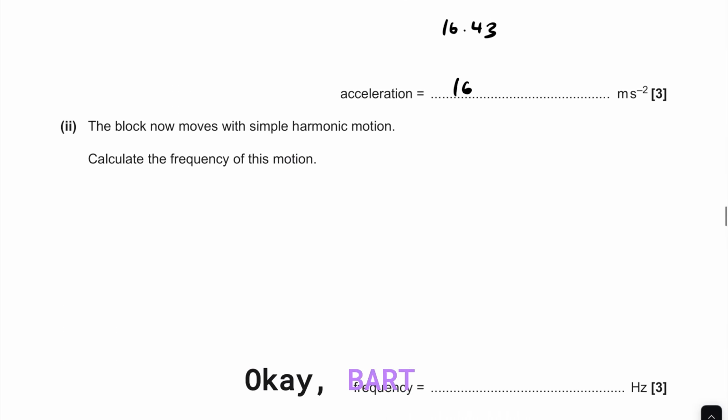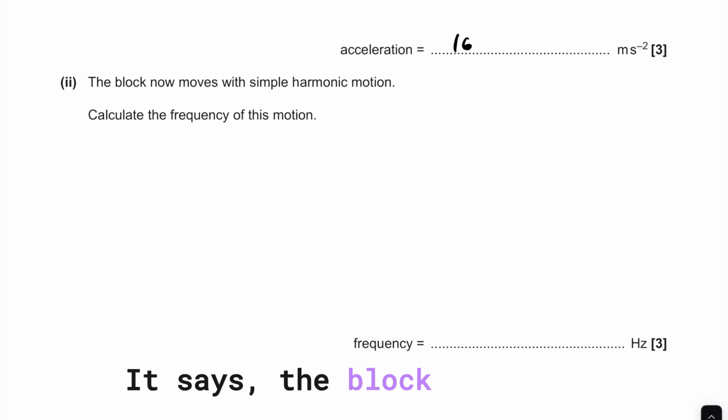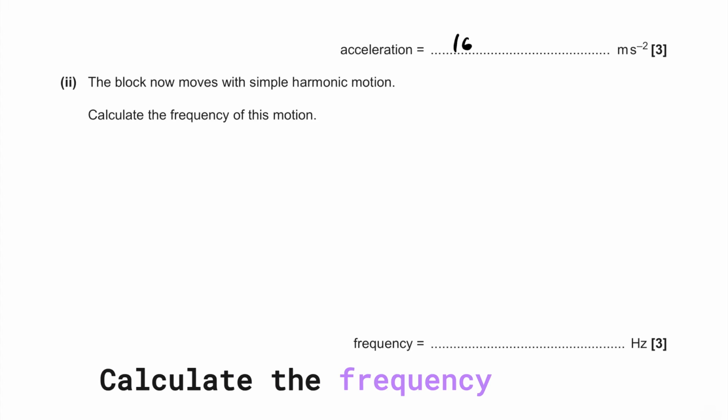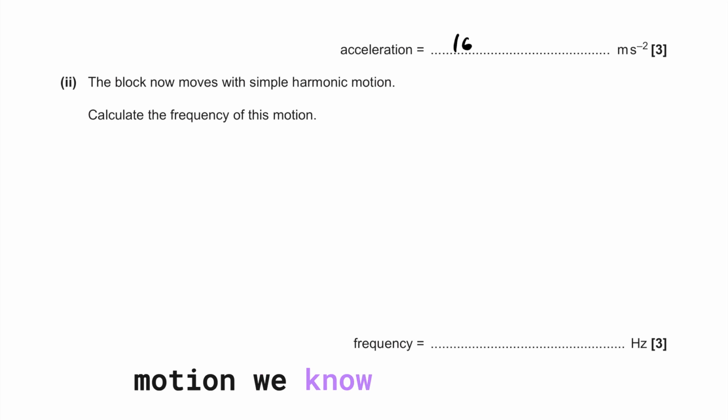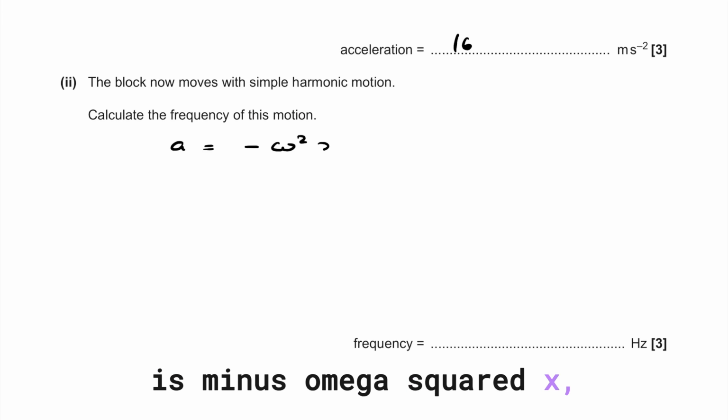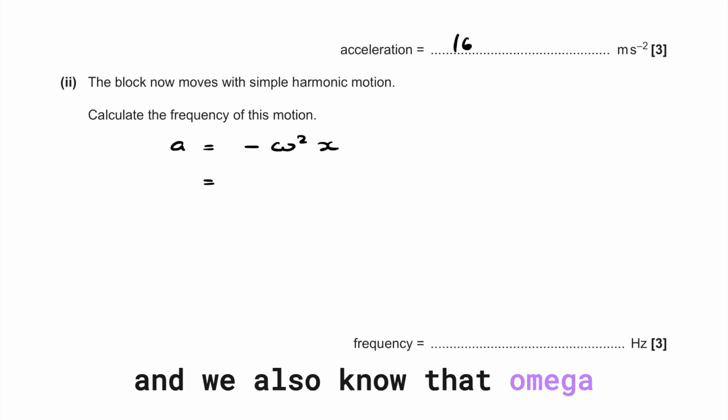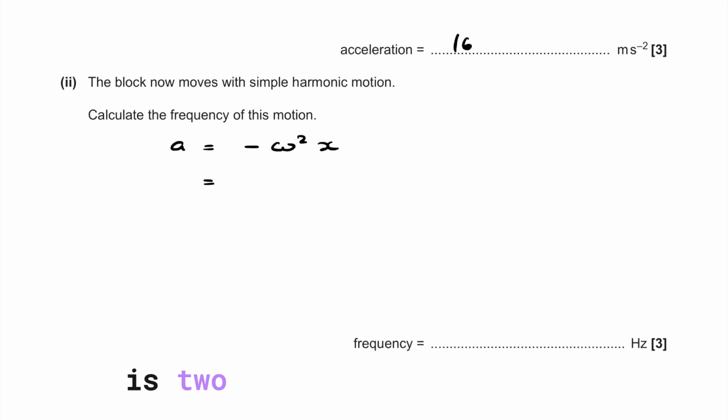Okay, part II, it says the block now moves with simple harmonic motion. Calculate the frequency of this motion. We know acceleration is minus omega squared x. And we also know that omega is 2 pi f.